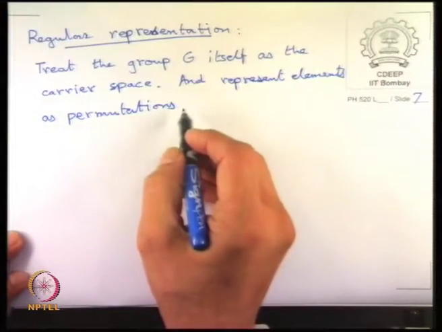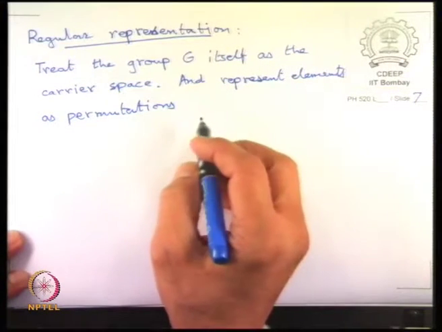Okay, so this is action of group on itself, left action, and we know that left action will reshuffle the order of the elements, so it is essentially a permutation. And anyway, we know any finite group is subgroup of the permutation group, so we are not surprised that it is a permutation. So we represent them as permutations.